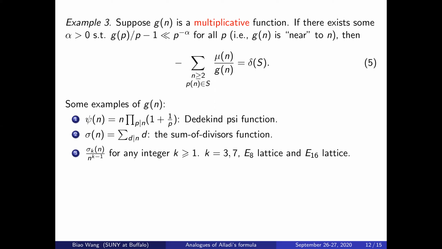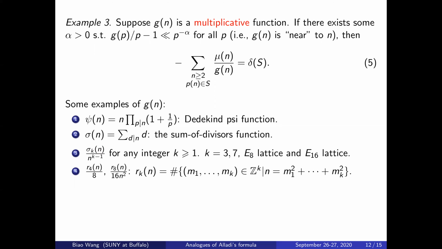If you take k to be 3 and 7, then this function is related to the E8 lattice and the E16 lattice.